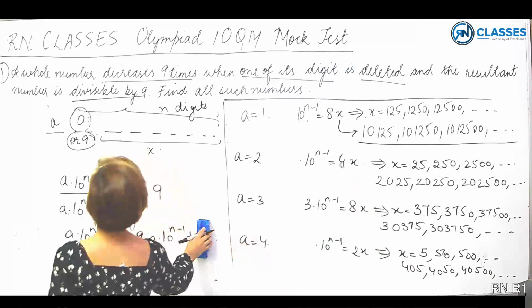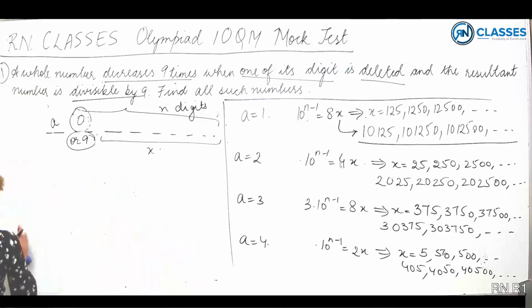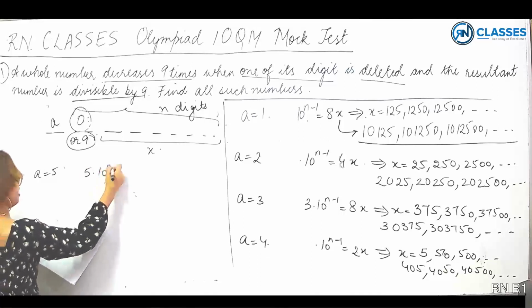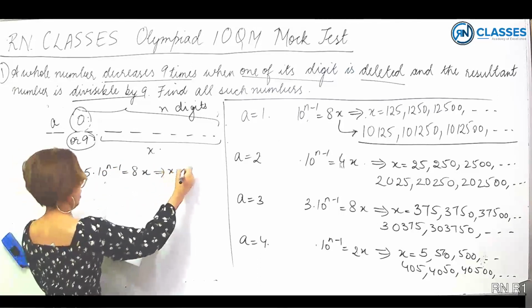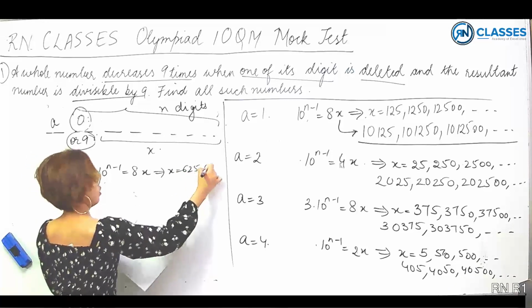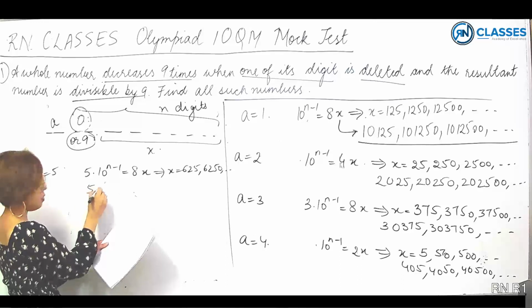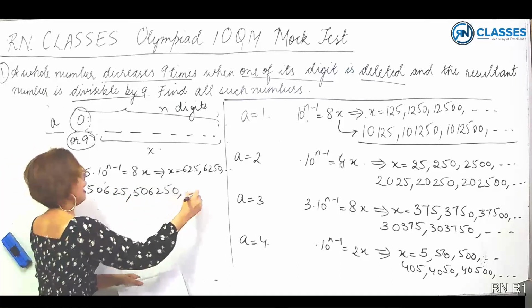A is equal to 4 is done. A is equal to 5. You will get 5 into 10 raised to n minus 1 is equal to 8x. You will find that x is actually equal to 625, then 6250, and so on. My number would actually be 50625, 506250, and so on.